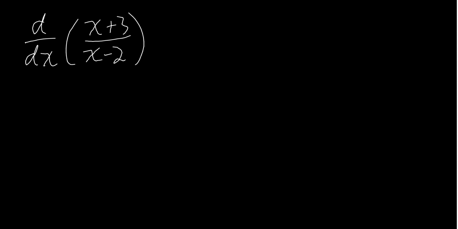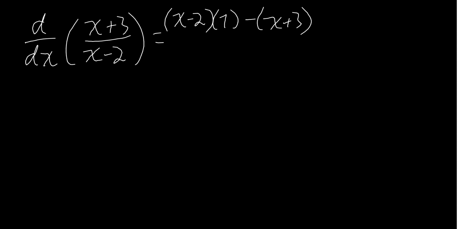So it's going to end up being low, x minus 2, times the derivative of the high, which is just simply a 1, low d high, minus high d low, so x plus 3. And then, maybe this ain't so bad. I don't know. What was I freaking out about? All right, all over low squared, x minus 2.